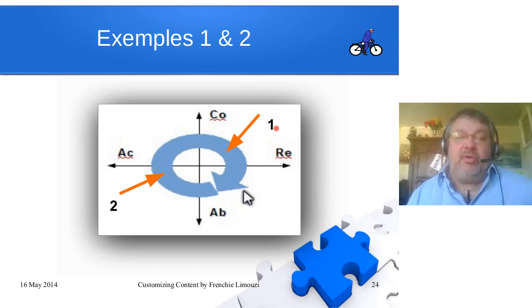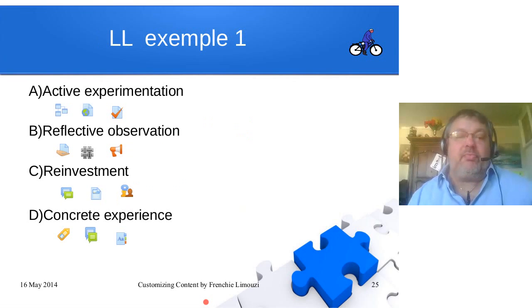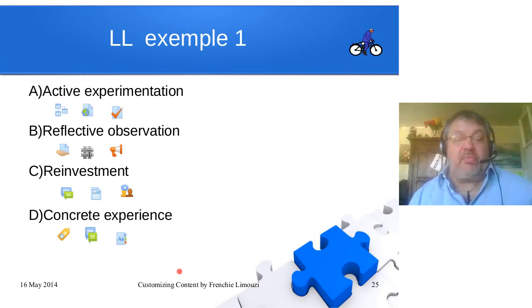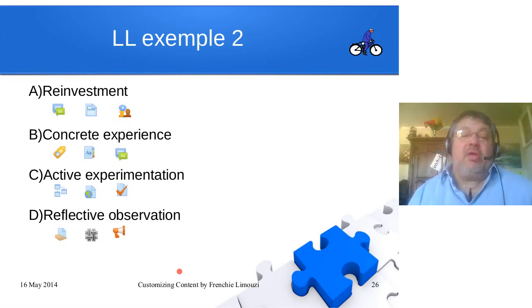Our example. Student number 1, student number 2. For the learning loop, number 1: A, B, C, D, 4 steps. For number 2: A, B, C, D, 4 steps.